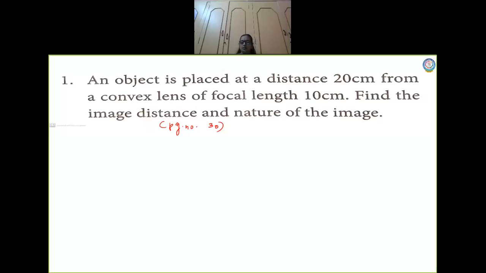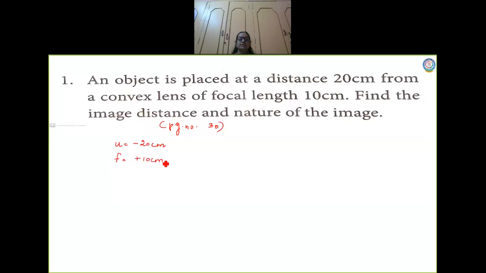Okay. Now I'm going to solve this problem. Check with the Cartesian conventions. An object is placed at a distance of 20 centimeter. U is always negative, so U is minus 20 centimeter from a convex lens of focal length 10 centimeter. So focal length f is equal to plus 10 centimeter.